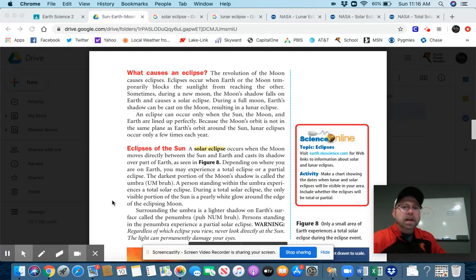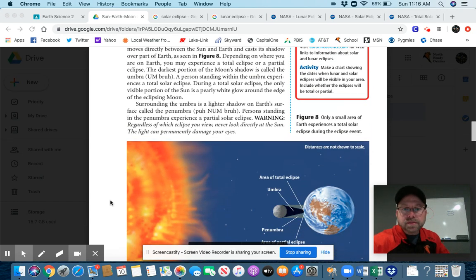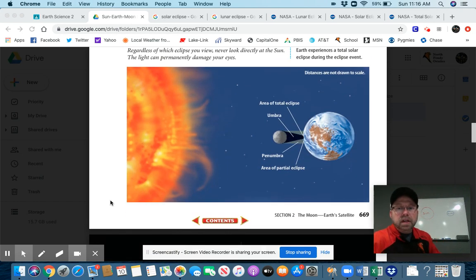All right. And the first kind of eclipse that we're going to talk about is a solar eclipse. Now, if you look at this picture, you can see that the moon is directly between the sun and the earth. Up here, if we have the sun and the earth, and we draw the moon directly between them, what happens is we end up with a shadow on the earth.